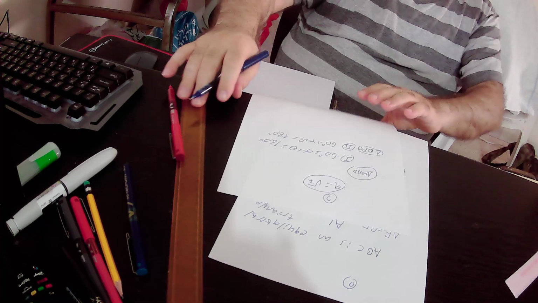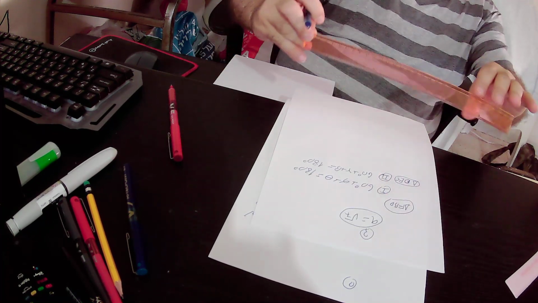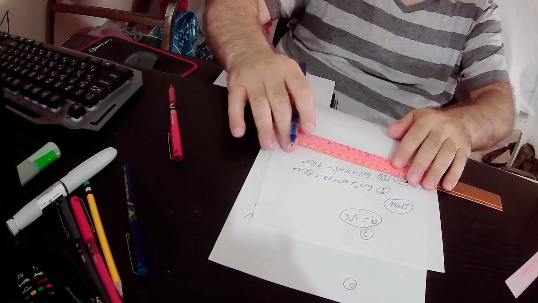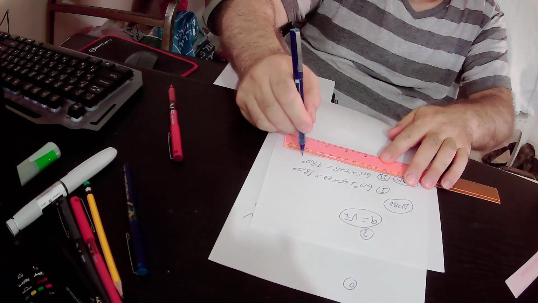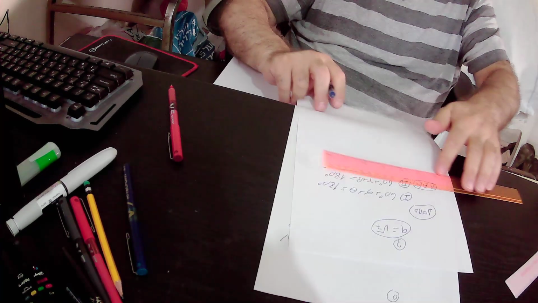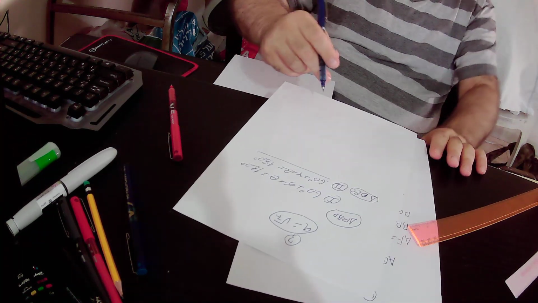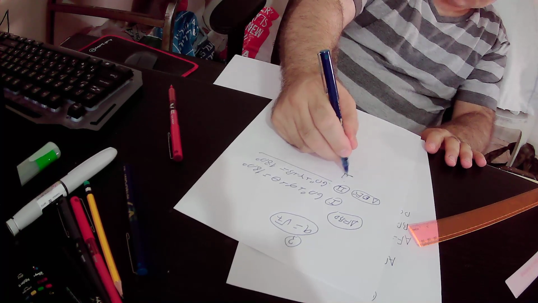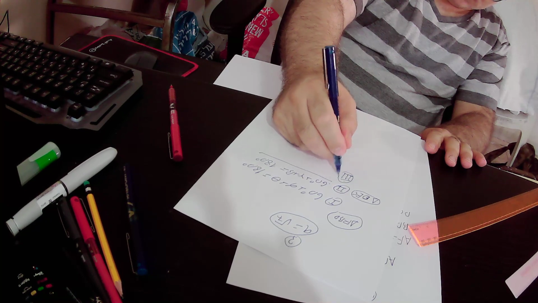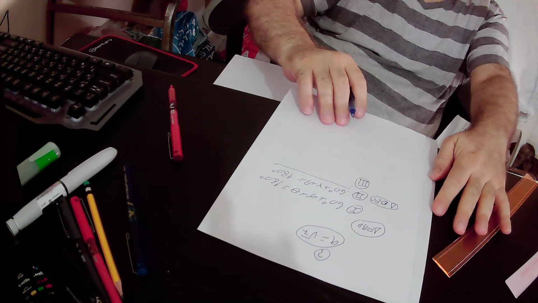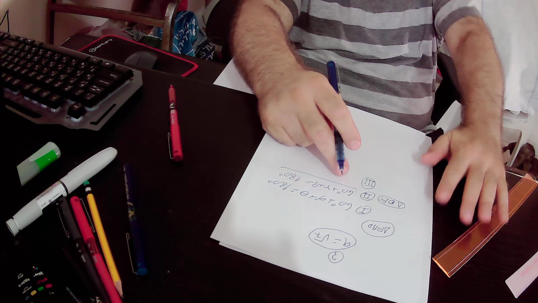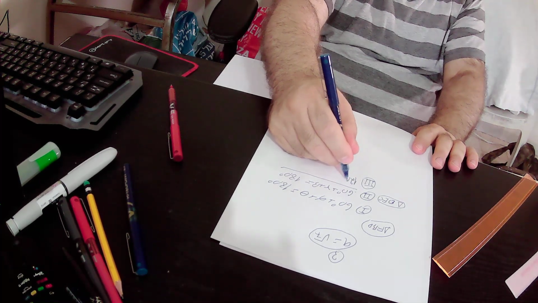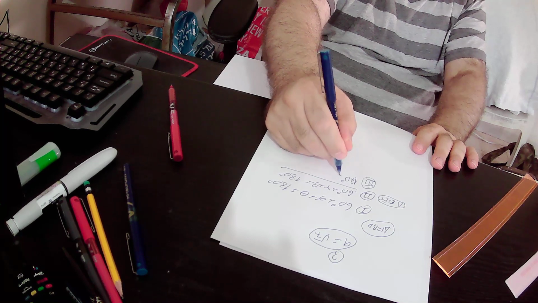In the next step, we will add equation 1 to equation 2, and we'll get equation number 3. 60 plus 60 is 120 degrees.